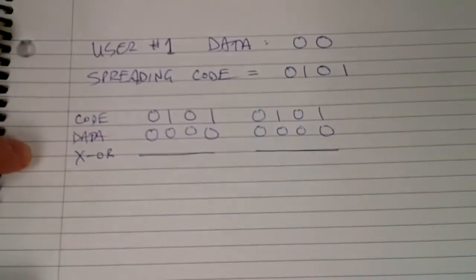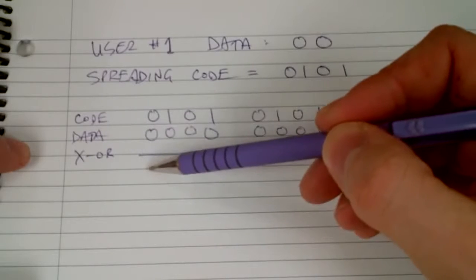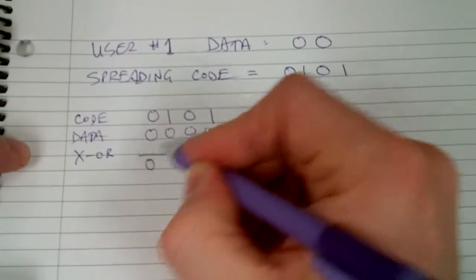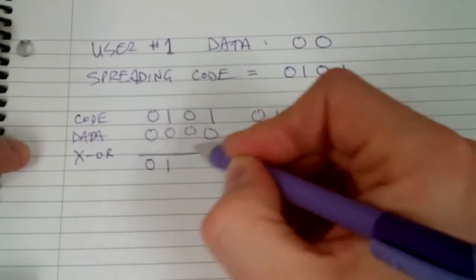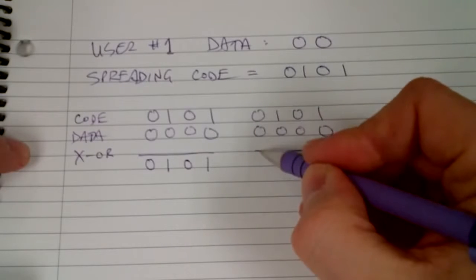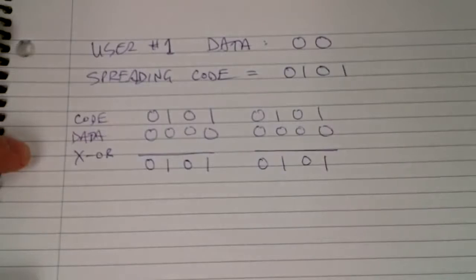And then you use the exclusive OR. And what is exclusive OR? It's when they're the same, you get 0, and when they're different, you get 1. So these are the same, you get 0, different, you get 1, 0, 1, and same is 0, different is 1, like that.